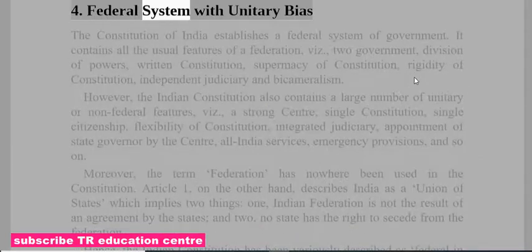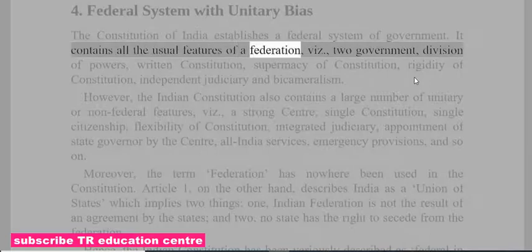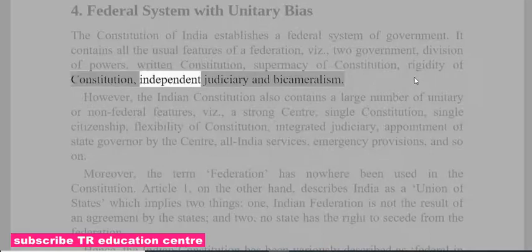Federal system with unitary bias. The Constitution of India establishes the federal system of government. It contains all the usual features of a federation, with two governments, division of powers, written constitution, supremacy of constitution, rigidity of constitution, independent judiciary and bicameralism.